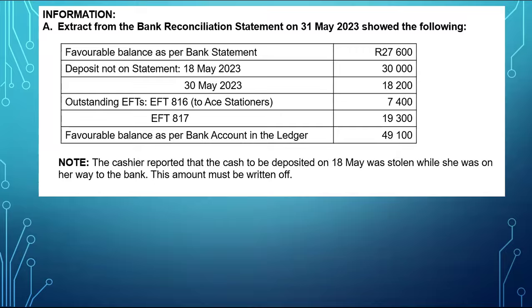They gave us a favorable balance as per the bank account in the ledger. This was the closing balance in the bank account in the general ledger in the previous month. We are in June right now. That's what the question said.